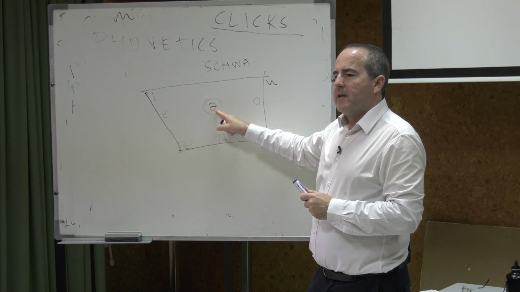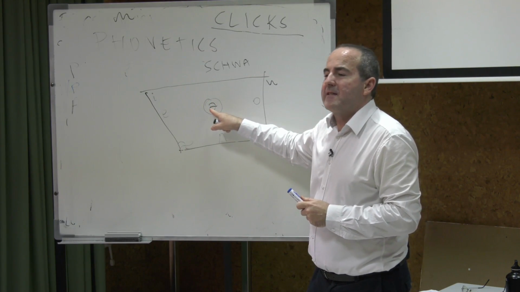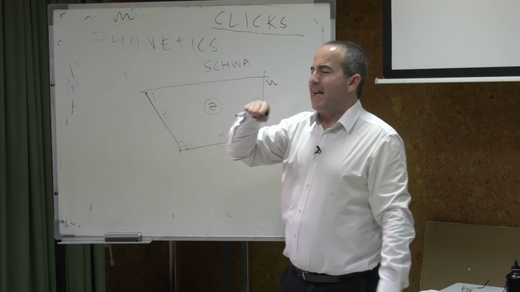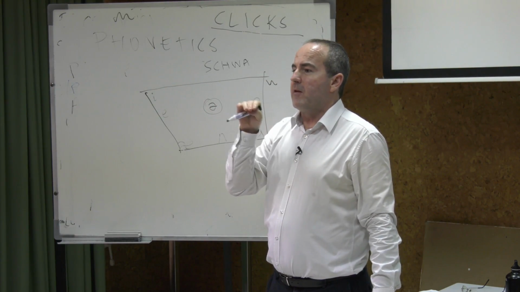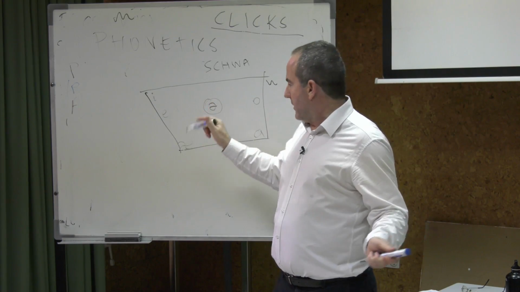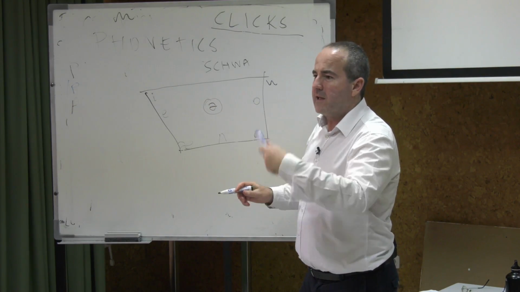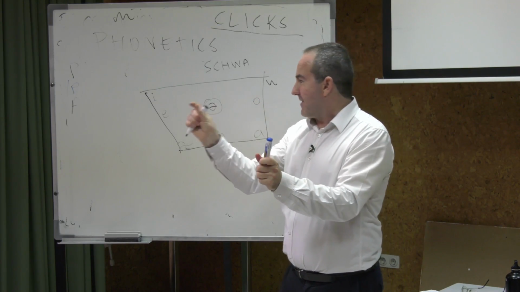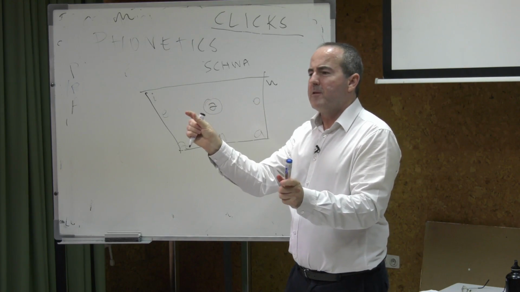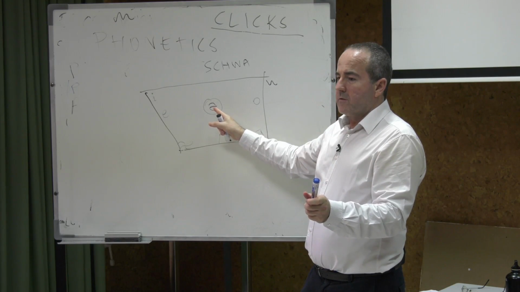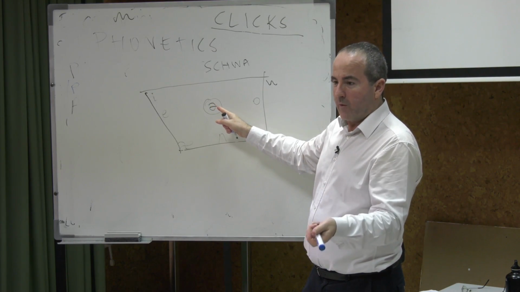And why? Because this is the one that is easiest to pronounce. You just have to place the tongue in the middle, and you get this sound. So if you are speaking very fast in English and you don't have time for the unstressed syllables, you just produce this sound. And that's why this is the most frequent of all.